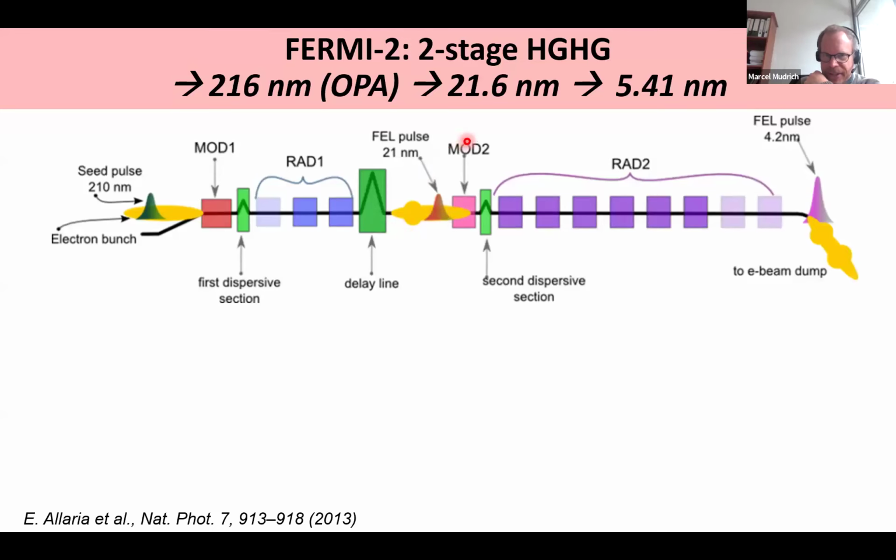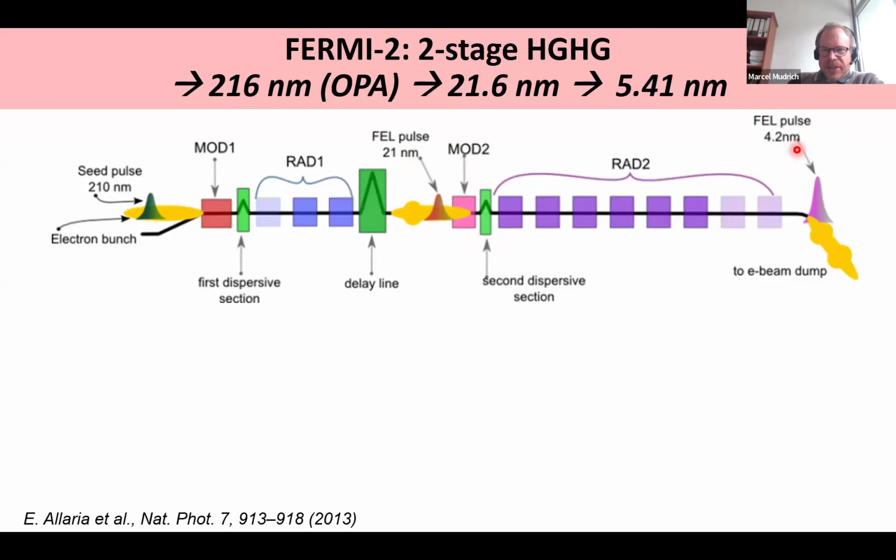Of course, they're going again through a short modulator dispersive section to induce microbunching at higher harmonics of the first FEL, then radiate on these higher harmonics, and in this way we can reach up to the soft X-ray range. Yeah, 4.2 nanometers as an example here. This is already soft X-ray.